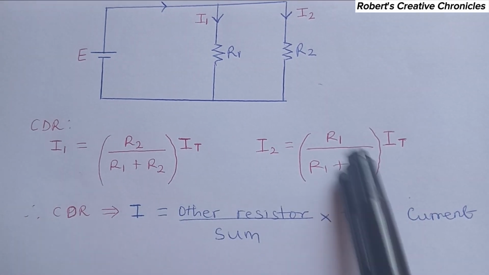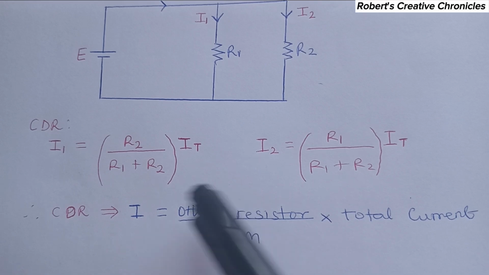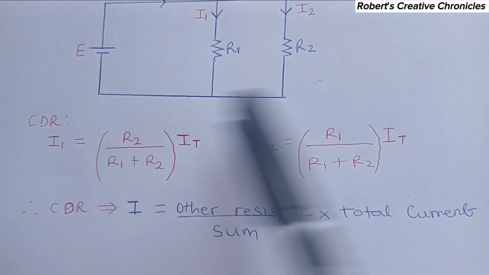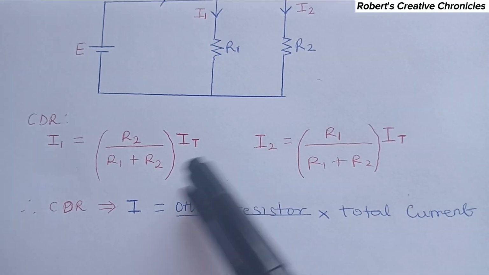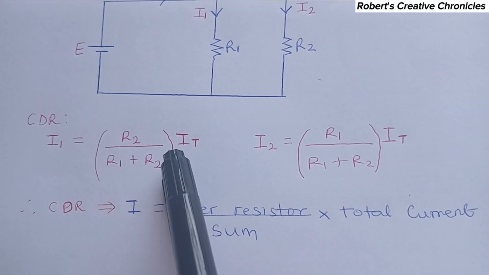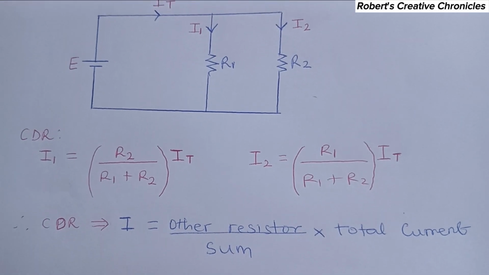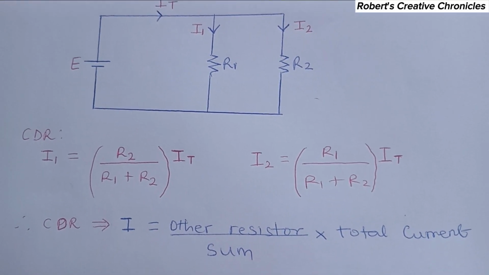So that's how you do the current divider rule. The resistance that you use here will be the other one, not the one you want to find. Then divide by the sum, times the total current. And that's all about this.